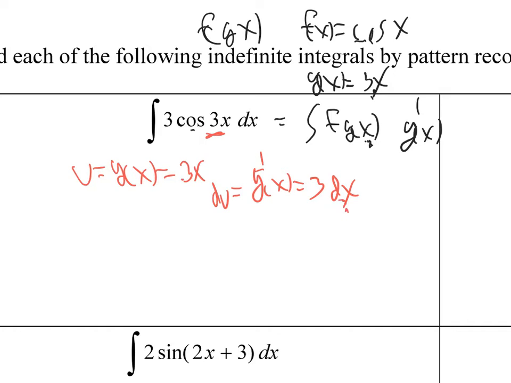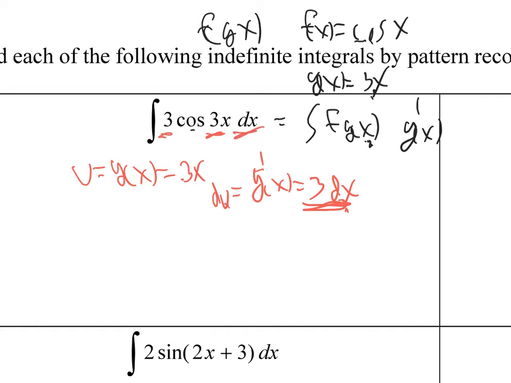I know what you're thinking, it's a 1, but you still got to keep the differential in there, to remind you. So I have to look at my problem. Do I have a 3 dx there? And I do.